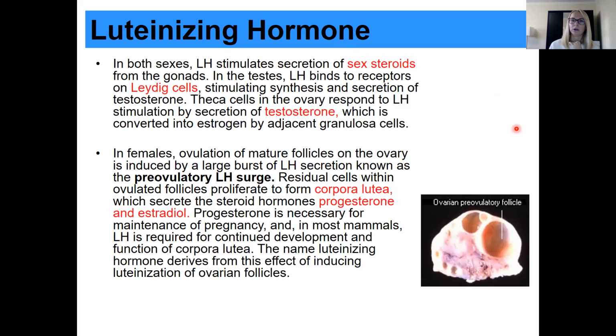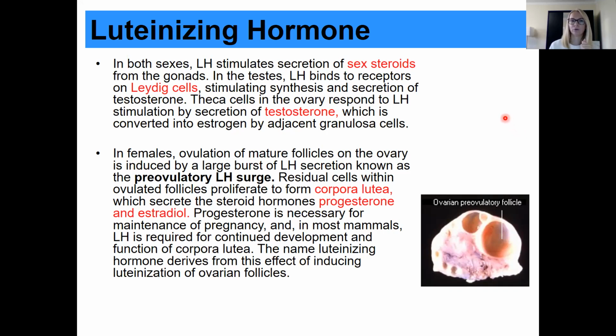Theca cells in the ovary respond to luteinizing hormone stimulation by secretion of testosterone, which is converted into estrogen by adjacent granulosa cells. In females, ovulation of mature follicles on the ovary is induced by a large burst of luteinizing hormone secretion known as the pre-ovulatory luteinizing hormone surge.